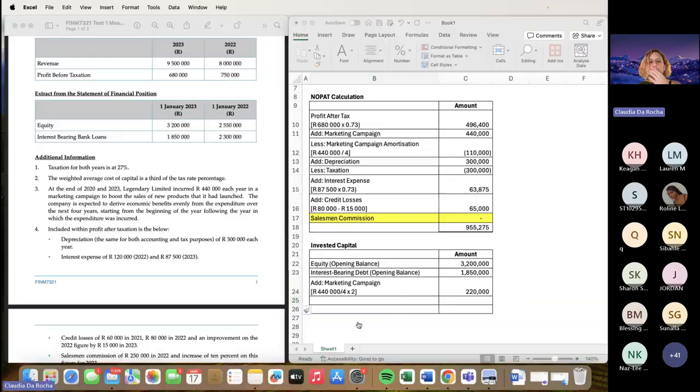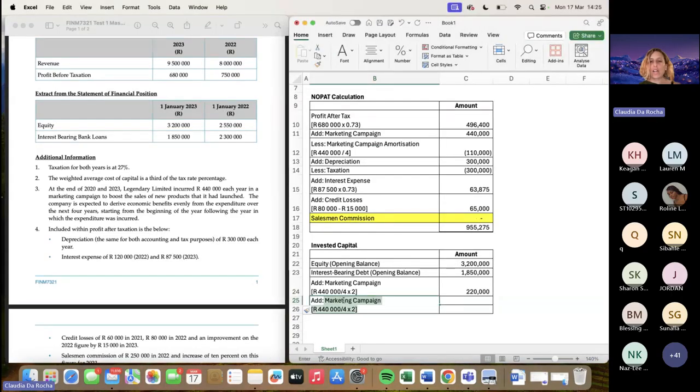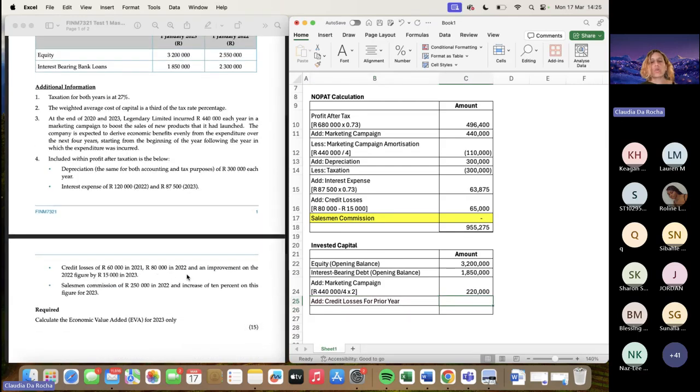Here I've got to add my credit losses for the prior year. Why? Because the credit losses of 80,000 for 2022 would have an effect on my closing equity balance for 2022, which means it would affect my opening balance for 2023. So I have to add it.